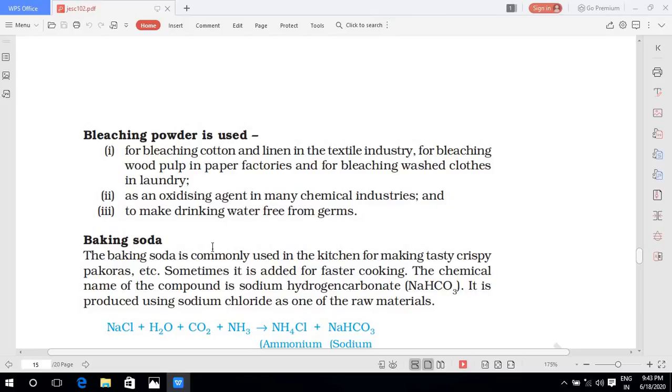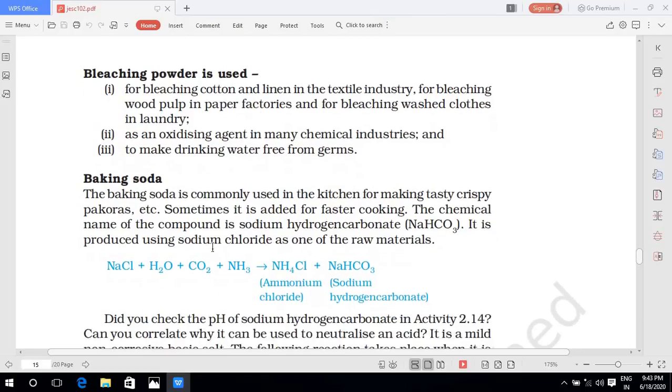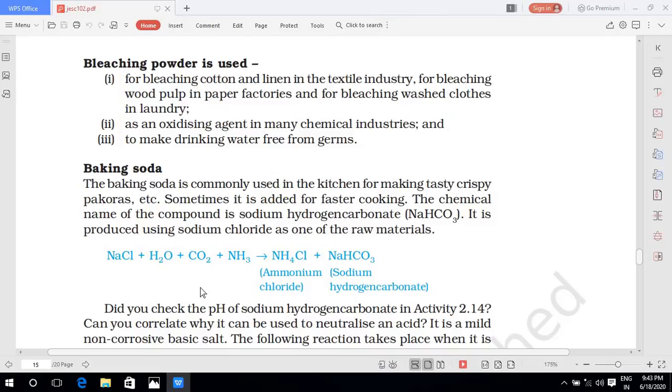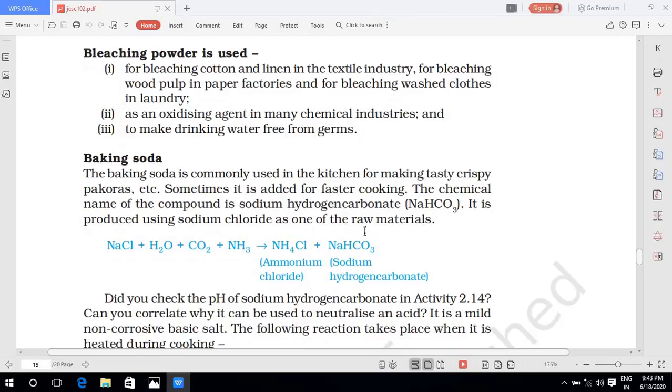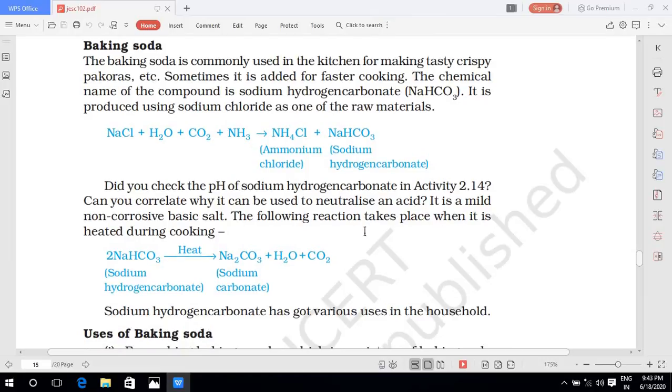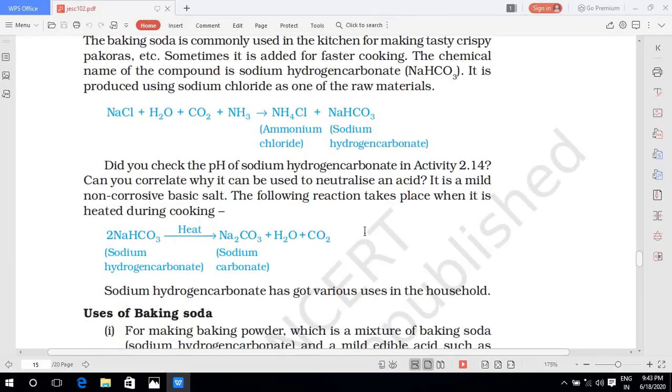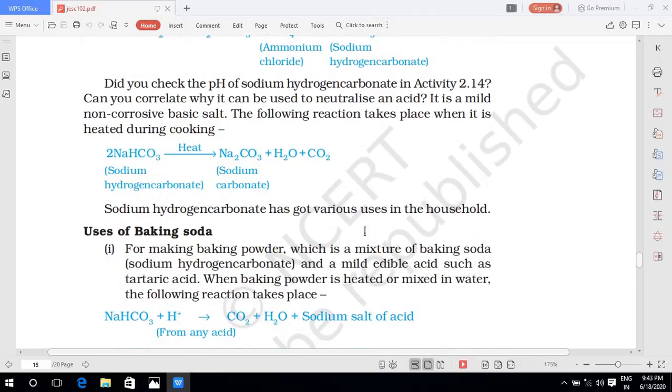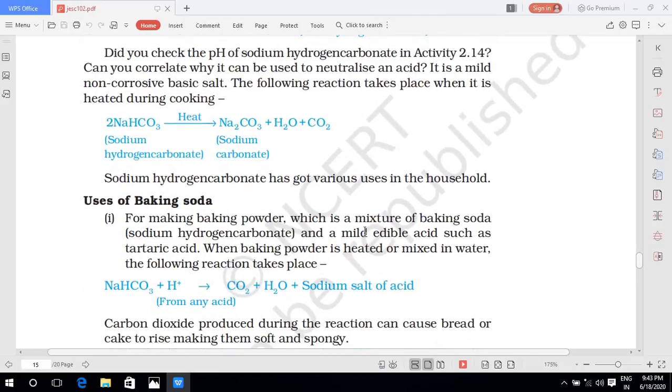This is the repetition of the things that we have discussed above. Baking soda: we get this baking soda from that common salt, sodium chloride, and we use it for baking our edible food, biscuits and all.